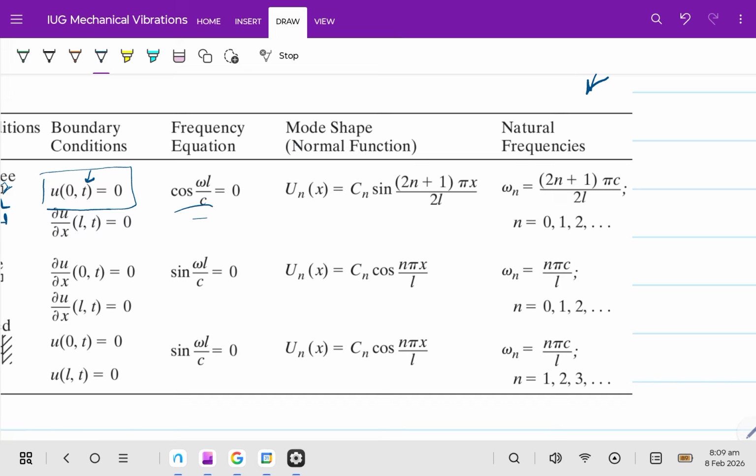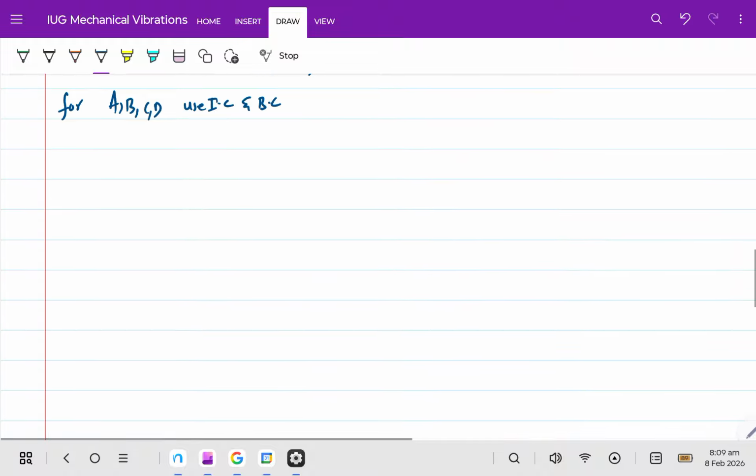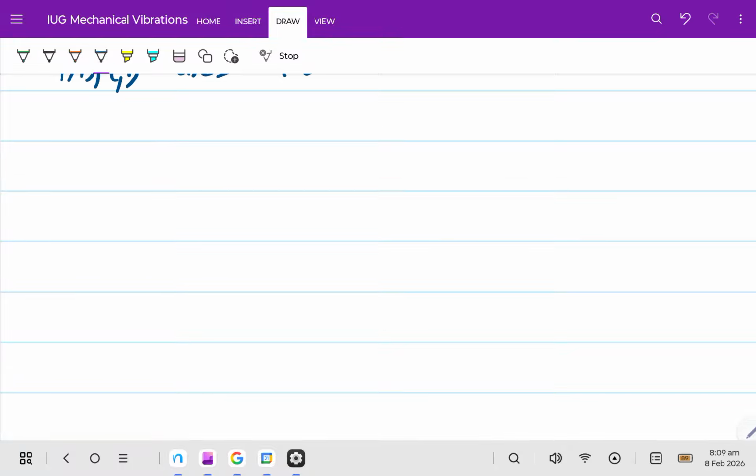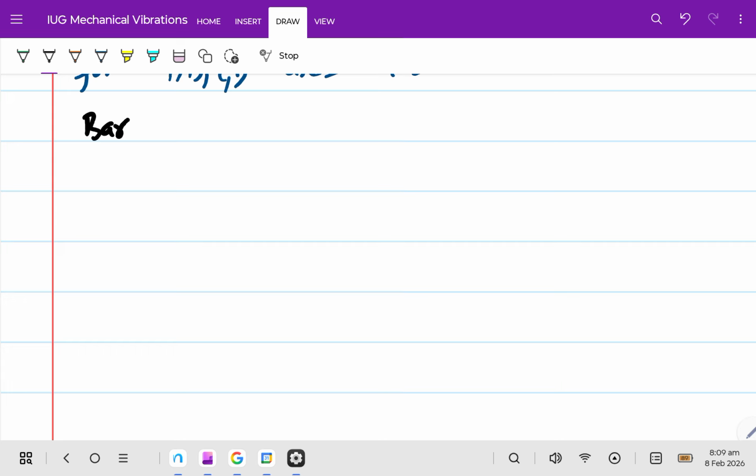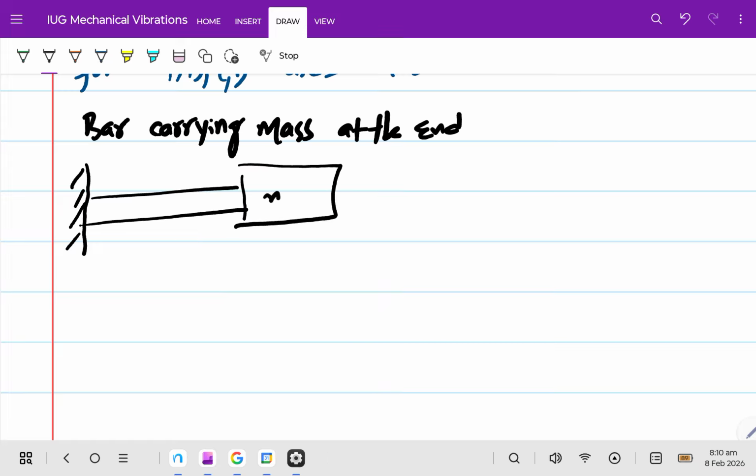So now we are going to discuss a special case for finding the natural frequency of such bars and beams if it is carrying a mass attached to it. Let's say you have a beam or bar that is fixed at one end, and it has a mass attached to it at the other end.